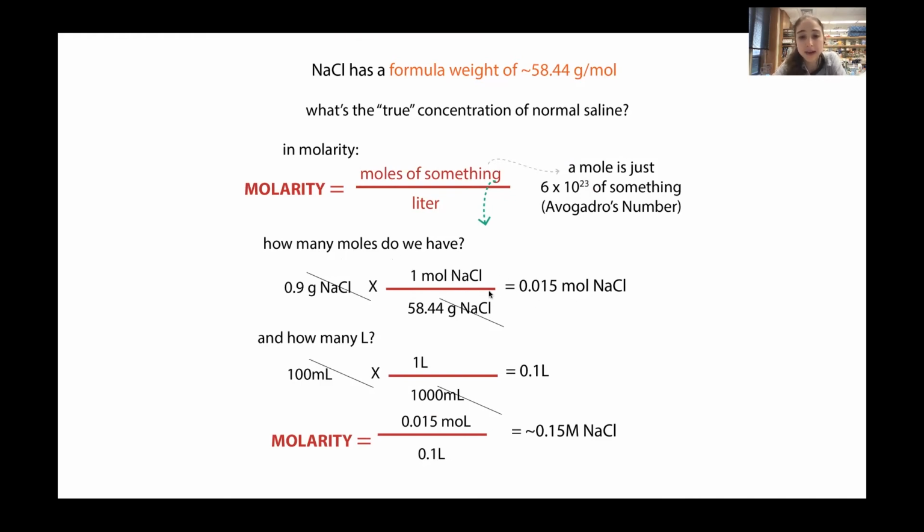And we end up finding that we have 0.015 mole of NaCl, which is the same as 15 millimole. But for the purposes of molarity, it's moles per liter. And how many liters? We have 100 milliliters, which is 0.1 liter. And so our molarity is about 0.15 molar NaCl in the 0.9% normal saline solution.